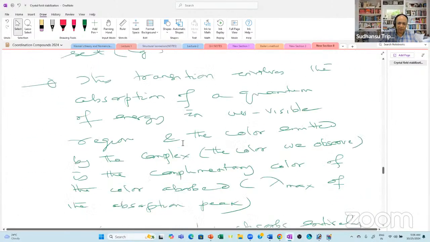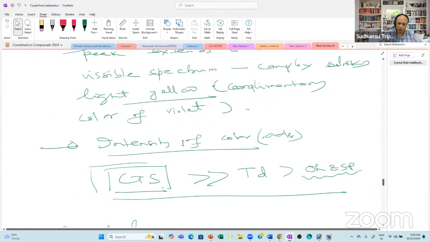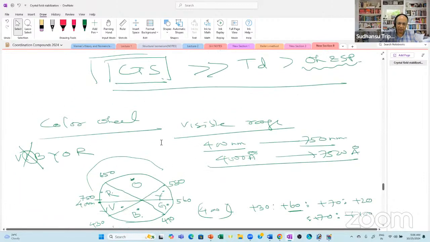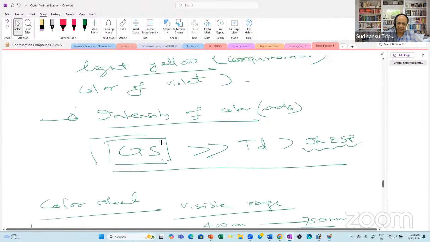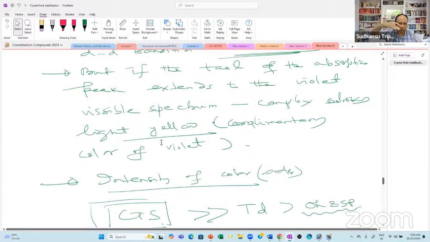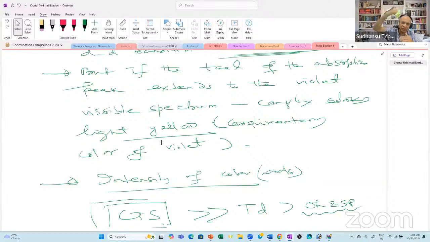The simplest among them is DD transition. For an octahedral complex, one electron from the lower set, the T2g set, will be excited to a vacant place, not orbital, place.